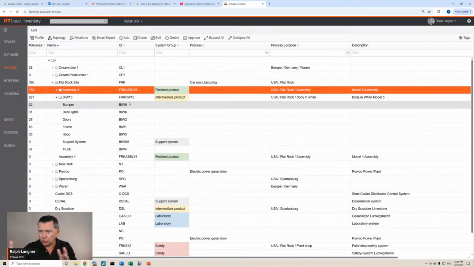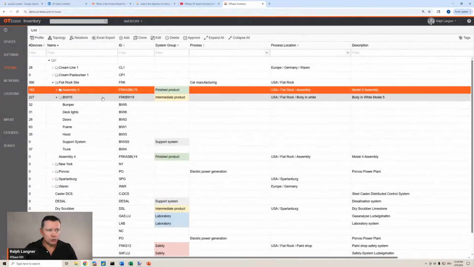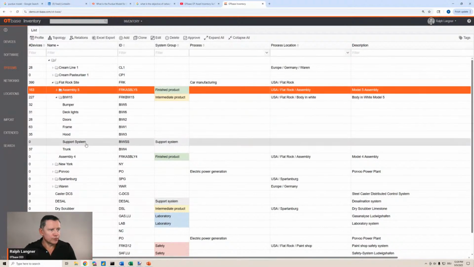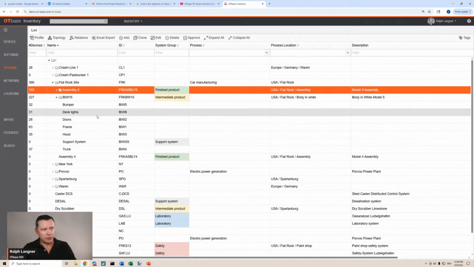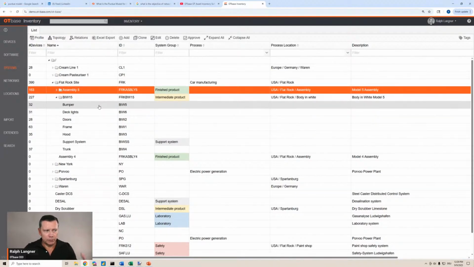Usually, you would include work cells, as you see here, right? So we have a larger entity, which is a body in white hall, if you will, and there you find different work cells, like the bumper production, etc.